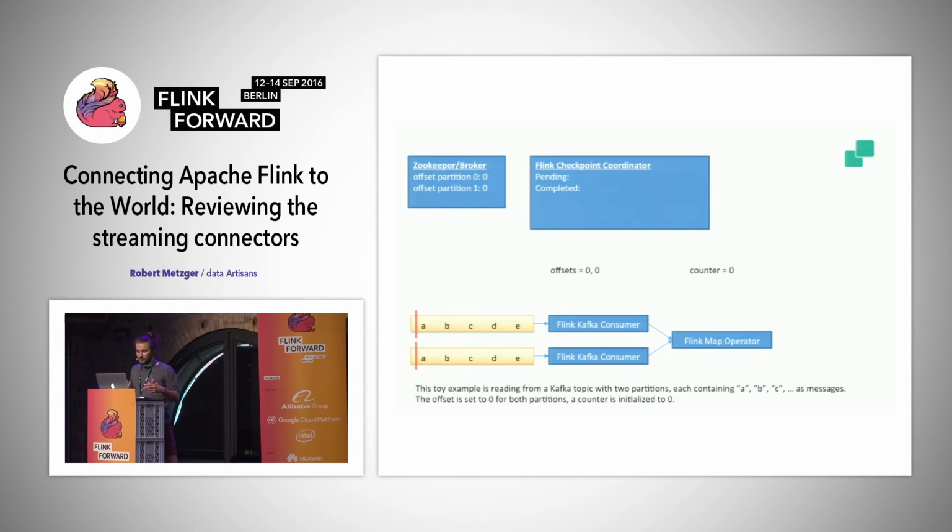But Flink would work without storing these offsets in Zookeeper, because Flink uses Flink checkpointing to keep track of where we are in Kafka. So let's walk through an example. The first consumer reads this element A, and then the offset at that consumer switches to 1. Up there you see the offsets. It was 0, and now it is 1.